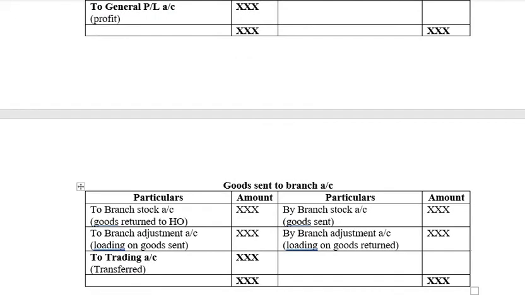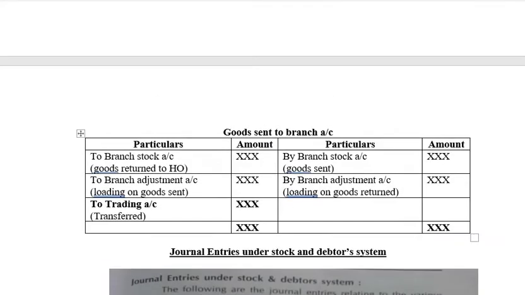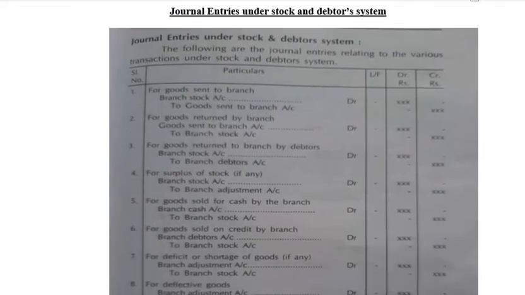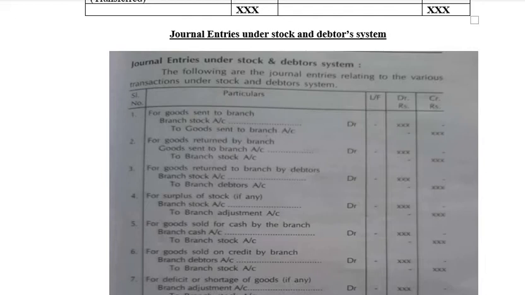The next part is the journal entries. I have scanned the journal entries because it would be time consuming if I just keep on typing them. Just look into the journal entries, and also refer to the textbook.